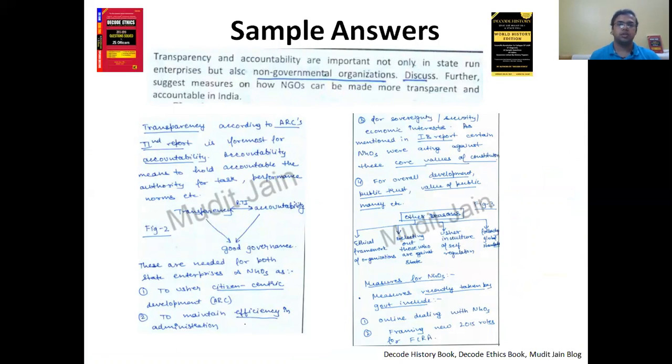So this is the last question of this video session. Transparency and accountability are important not only in state-run enterprises but also in government and non-governmental organizations. Here you can simply identify two parts: transparency and accountability in state-run enterprises and NGOs. So one part is this, second part is this.